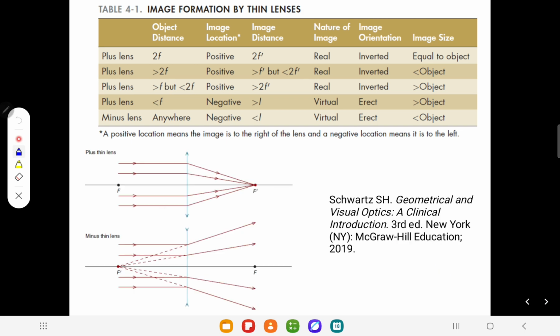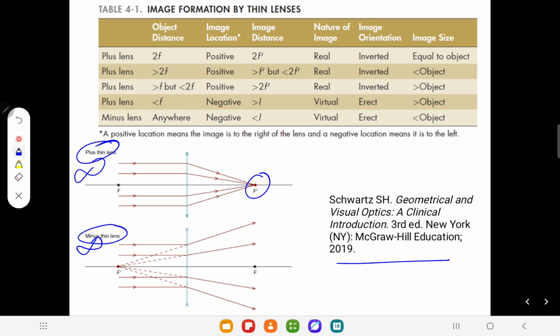I have taken this diagram, again, from the Schwartz book. See, in this diagram it's defined what the secondary focal point is. Whenever the object is at infinity, parallel light is coming. This is the plus lens, and the blue is the minus lens. So where is the focus? Focus is here.